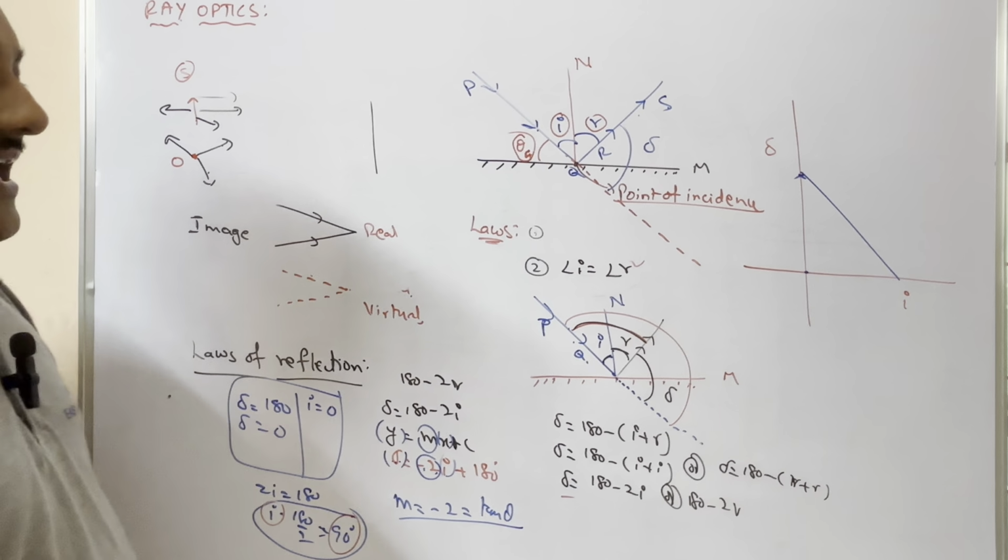The angle of reflection also should be 0. So it is incident like this, and again it is reflecting like this. So the incident ray is like this, the reflected ray is like this. Means what is the angle of deviation? 180 degrees, the maximum angle of deviation. So the nature of the graph is a straight line, it is going to come like this.